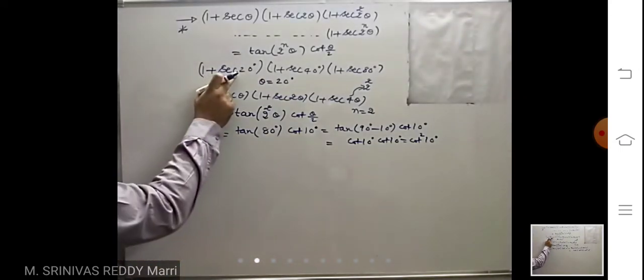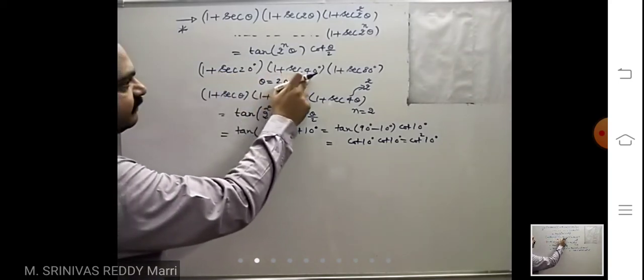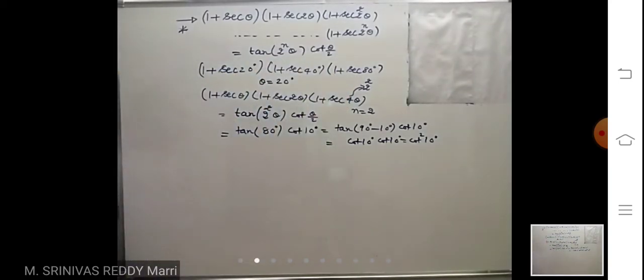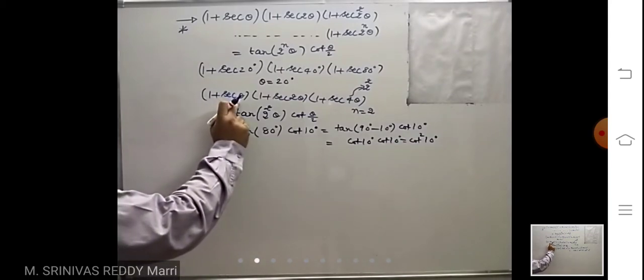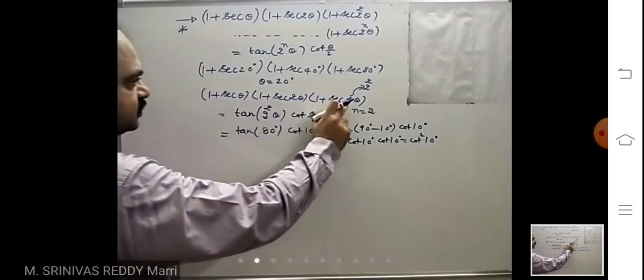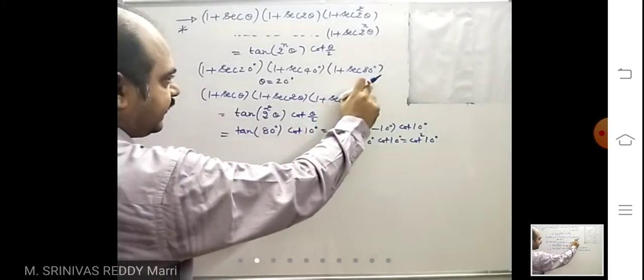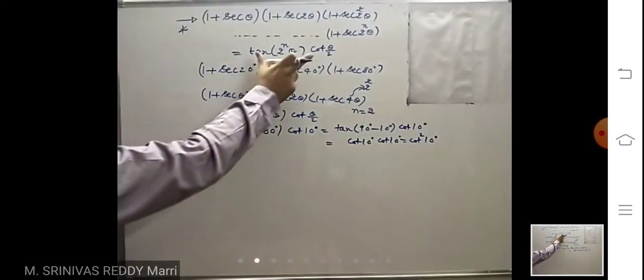Like that, whenever 1 plus secant, 1 plus secant, 1 plus secant is given, so 2 power 0 theta, 2 power 1 theta, 2 square theta. Finally, you take n and then substitute in this rule.